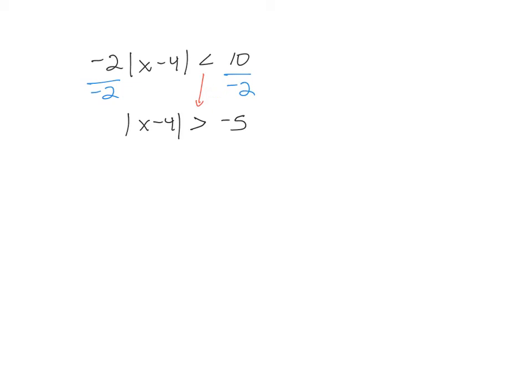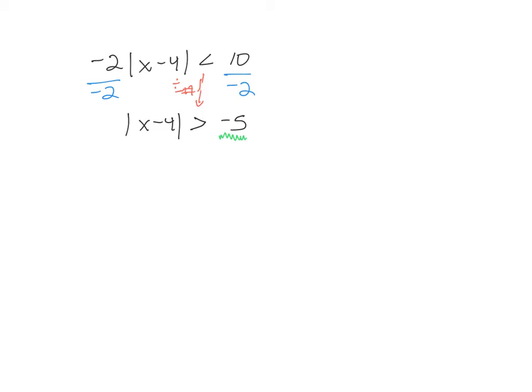Make that a little bit clearer. Okay, divide by a negative number. All right, so now step 2 is check for no solution or all real numbers, and it's when we have this negative number here.